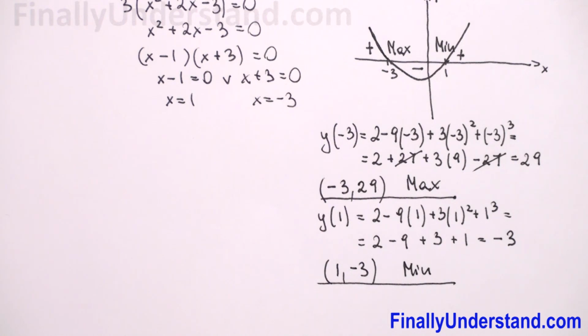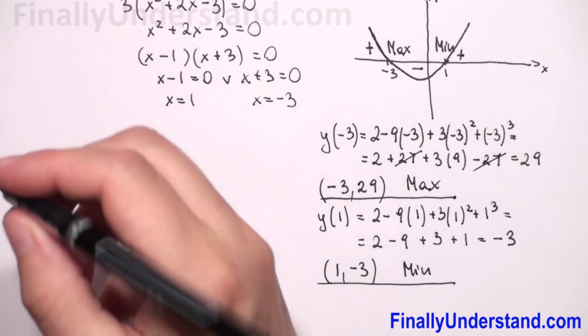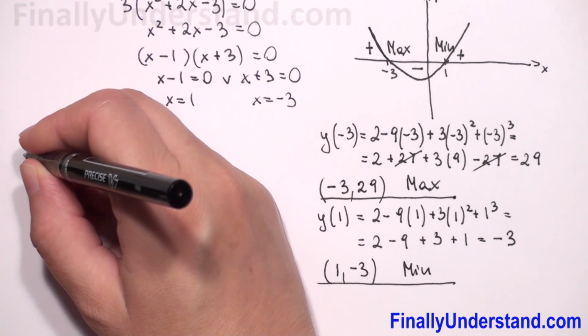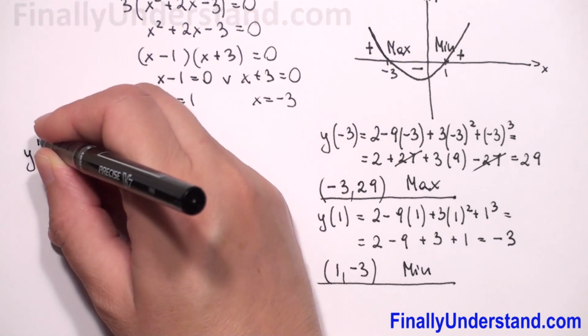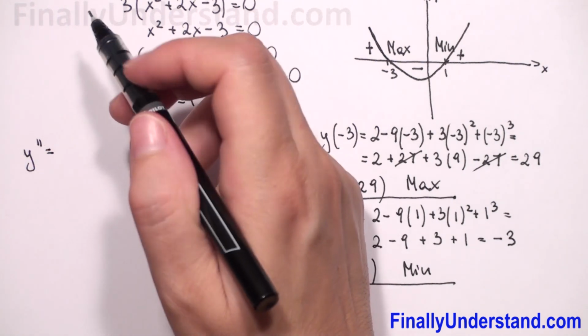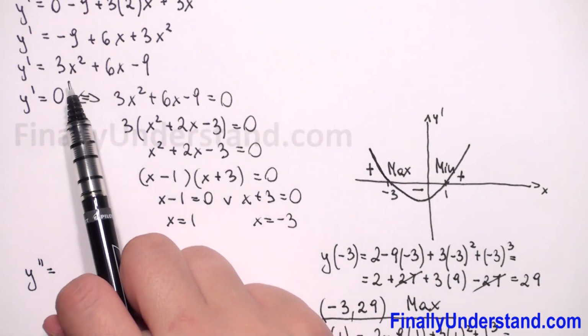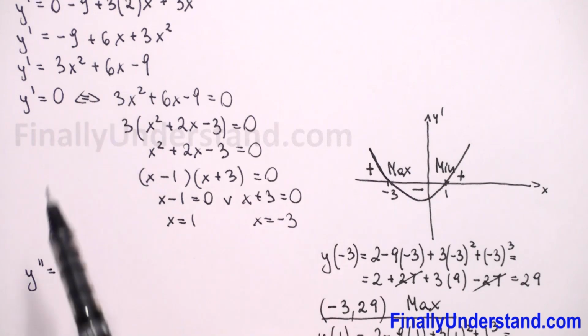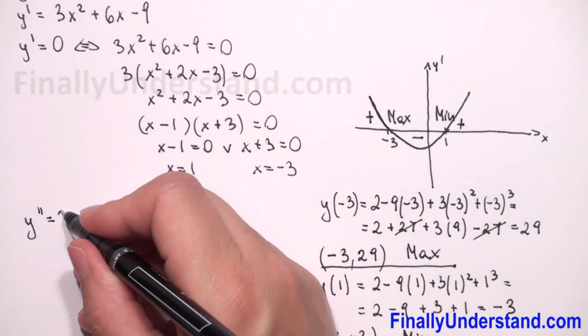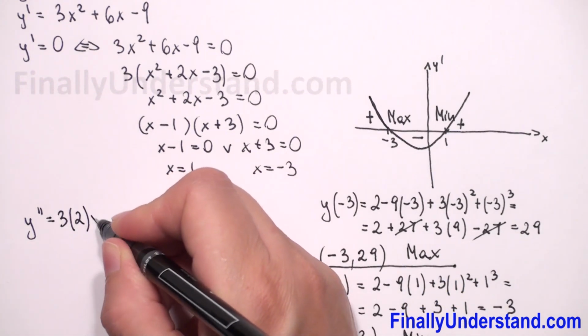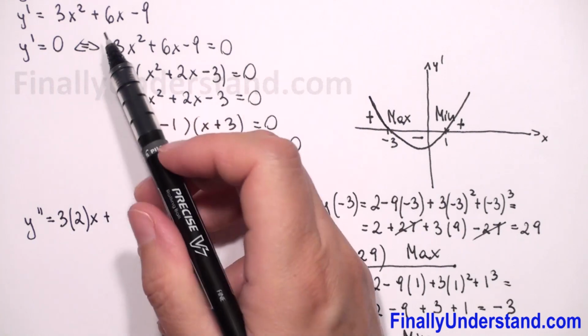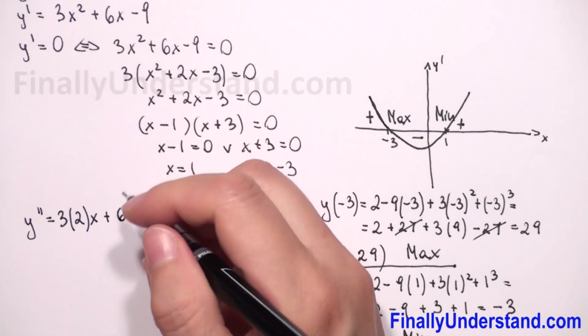Now we have to check if our function has inflection points. It means we have to find the second derivative first. So y double prime is the derivative of our first derivative. We have 3 times 2 times x plus the derivative of 6x, which is 6.